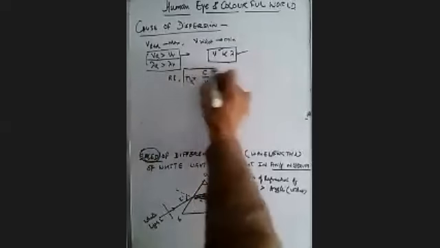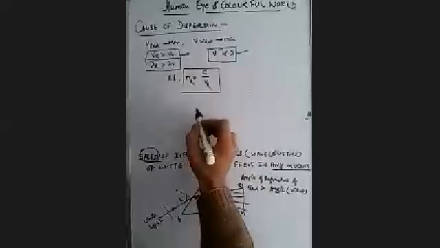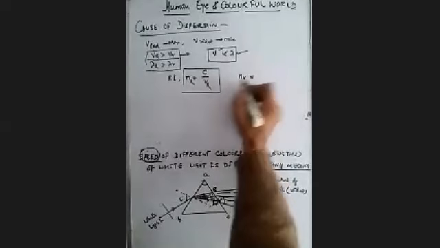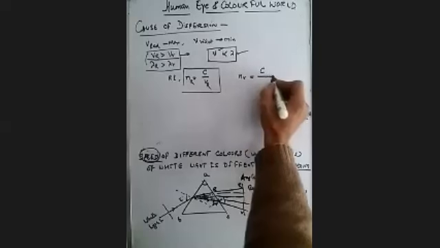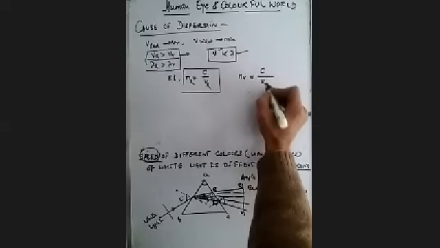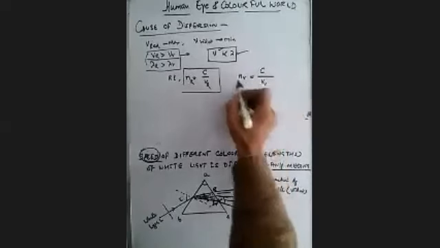So n_R will represent the refractive index of red color. Similarly, we can find the refractive index of violet color: the speed of light in vacuum, that is c, divided by the speed of violet color in the medium, V_V, so V for violet.